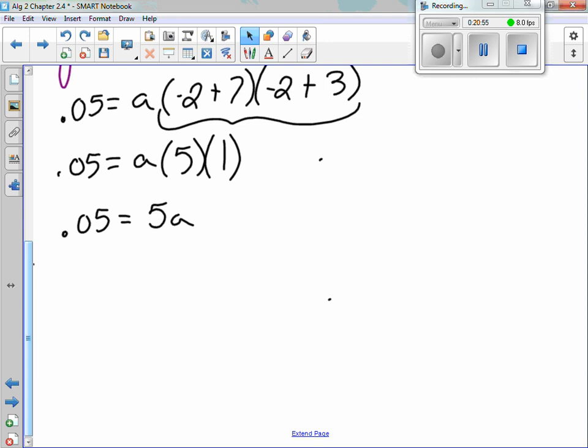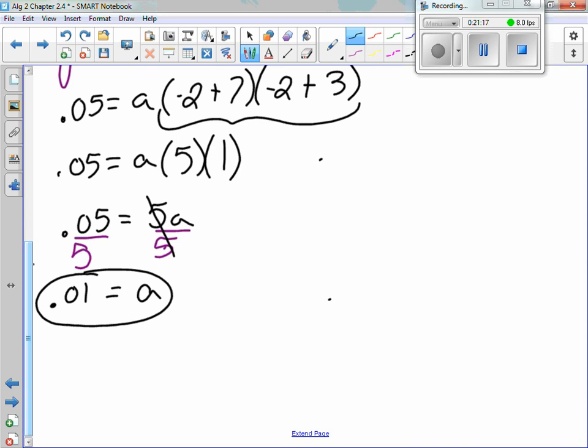Now, last but not least, what do we need to do? Divide both sides by 5. Well, the 5 and 5 will simplify. I'm not expecting you to do 0.05 divided by 5 in your head. But it works out to be 0.01. So you can do that in a calculator.